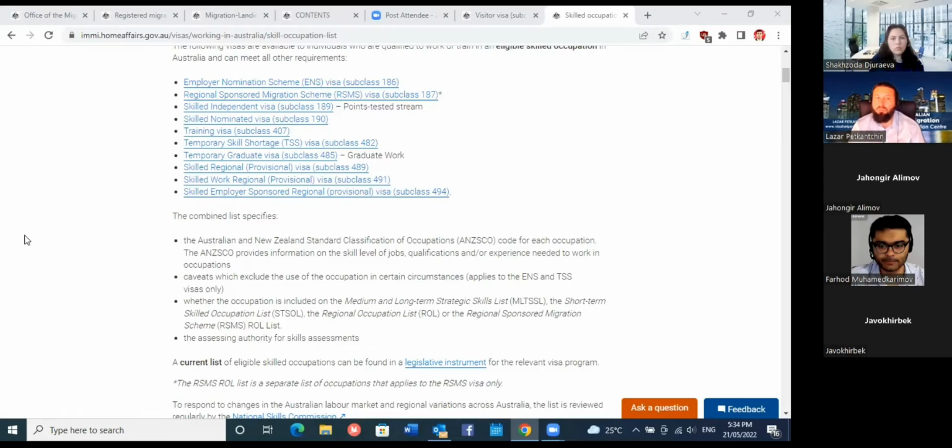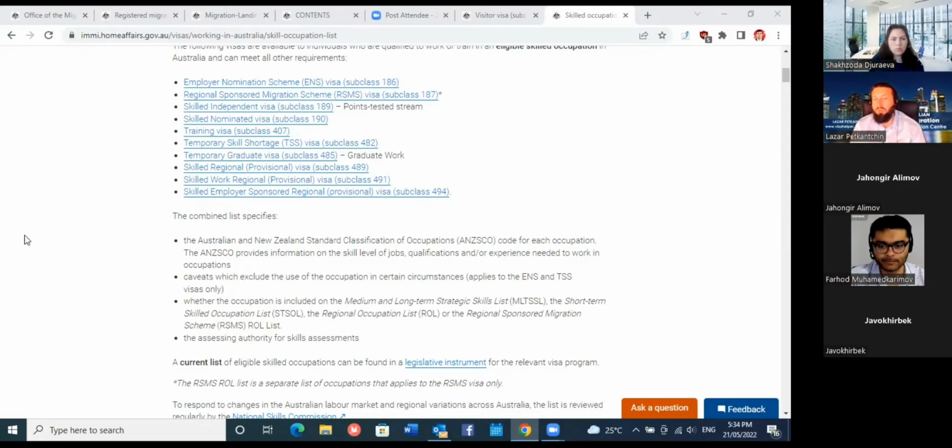However, if you meet all the requirements for the visa, if you provide all the documents, if you prove to the case officer that you're a genuine temporary entrant or visitor, then there is no difference whether you're from Uzbekistan or some other country.